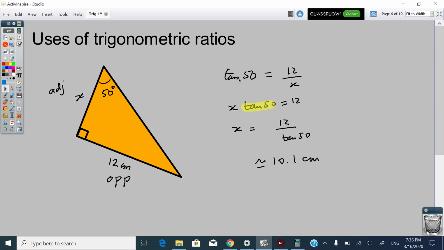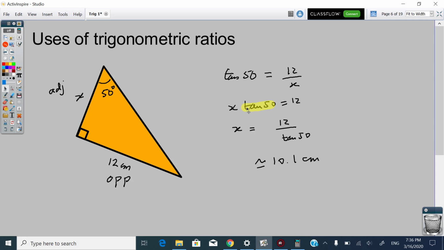So, tan 50 is equal to the opposite, which is 12, divided by x, which is the adjacent. By cross multiplication, it gives me x times tan 50 equals 12.